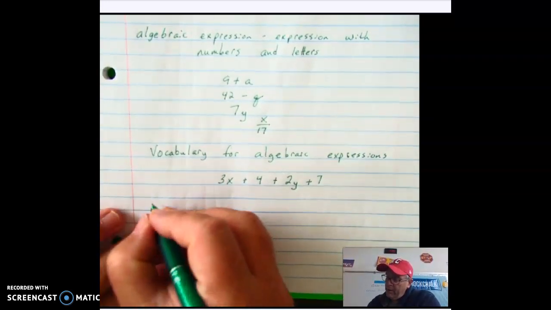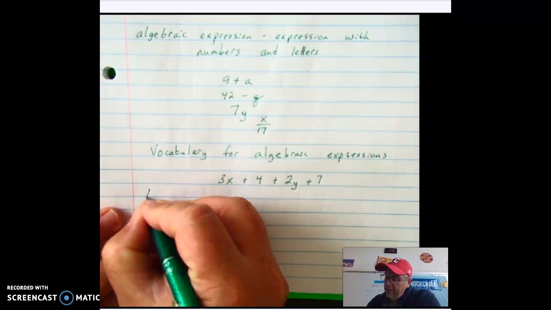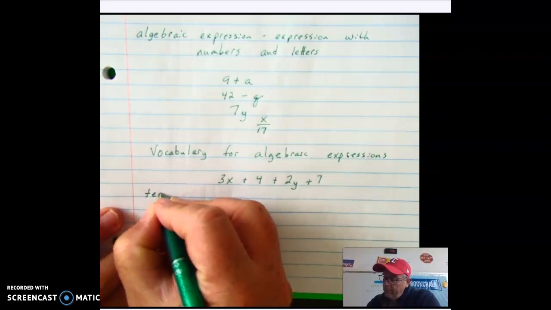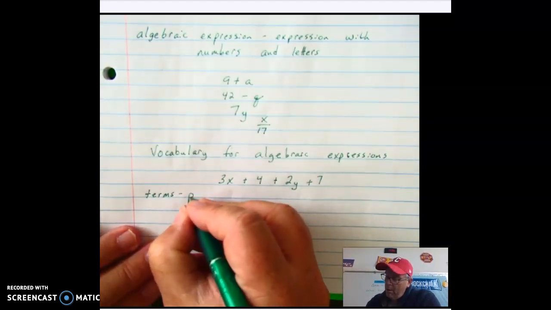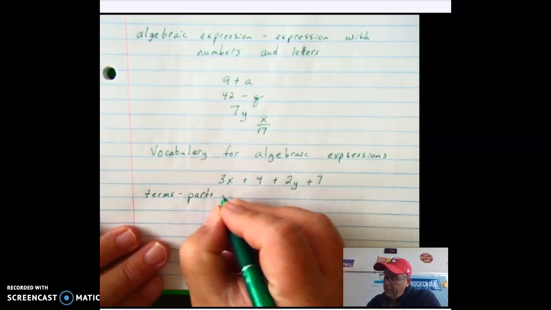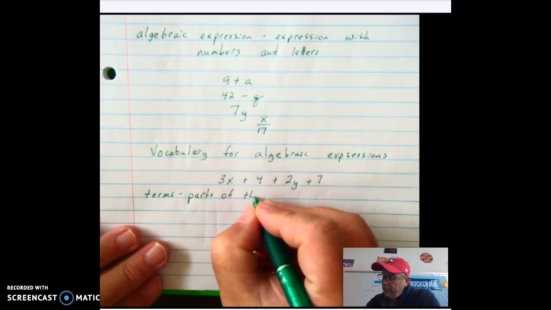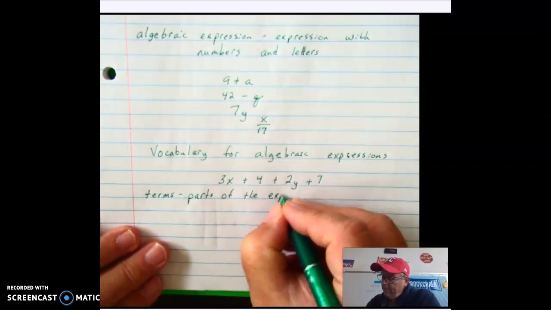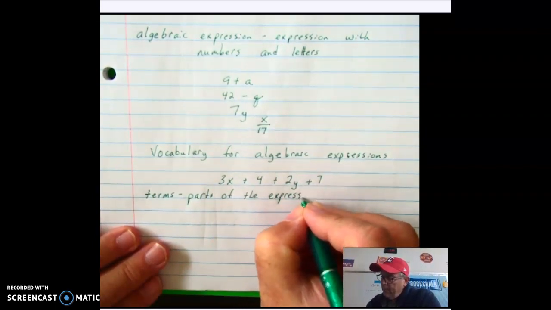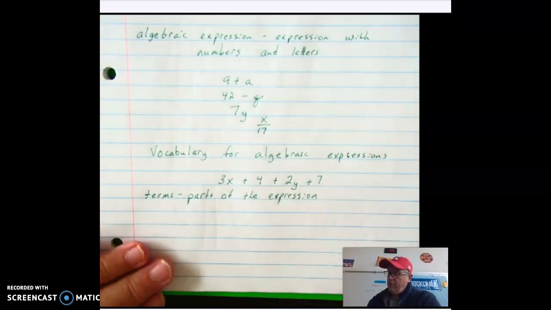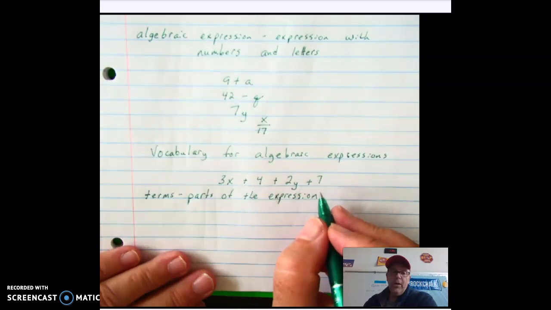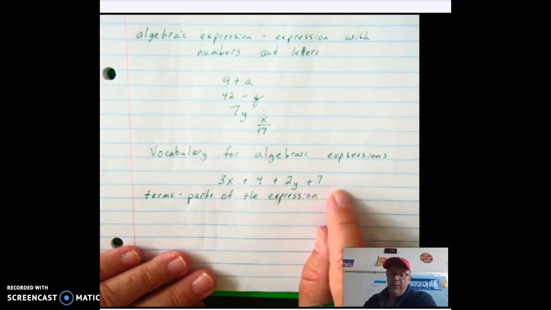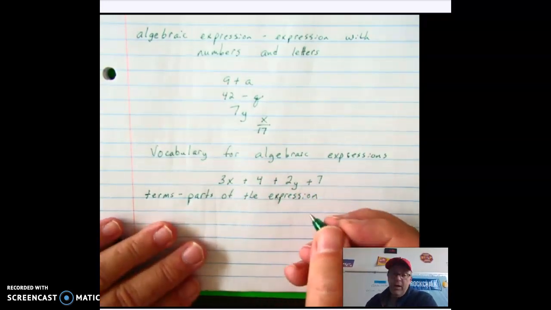First thing we want to talk about is your first piece, what we call terms. And terms are the parts of the expression. And the easy thing to do with your terms is to just take this expression, take out all the pluses or the minuses, and just put a comma.